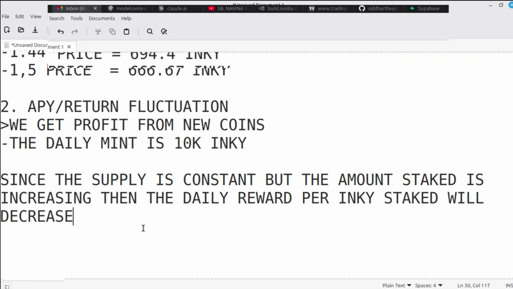Given that the supply is always constant, 10,000 coins, but the amount that people are staking is increasing, the daily reward for every INK staked is going to decrease. Very important word for you to get here: decrease.